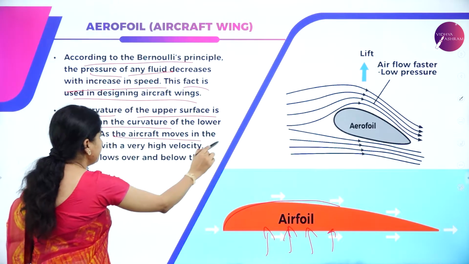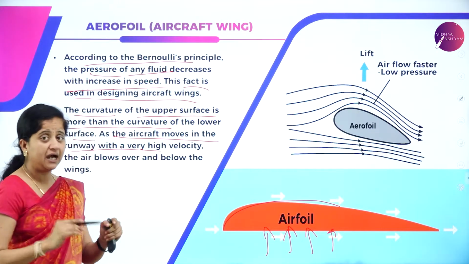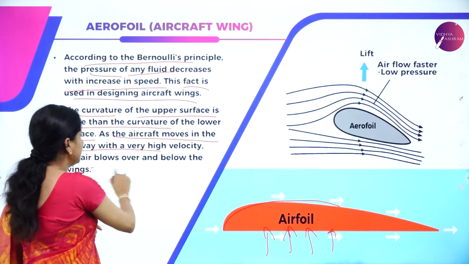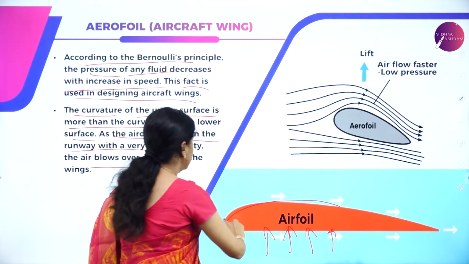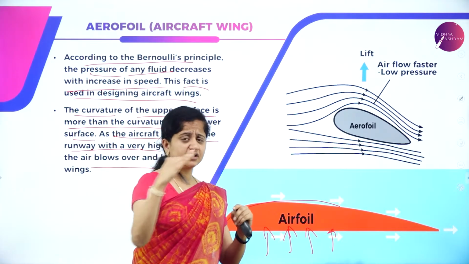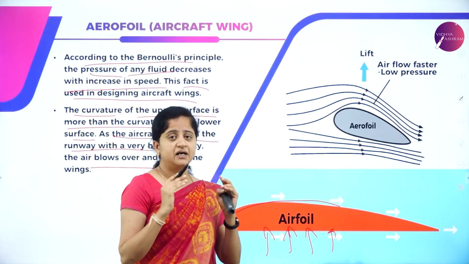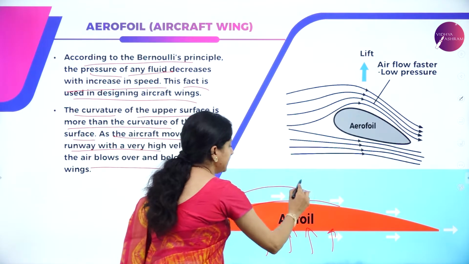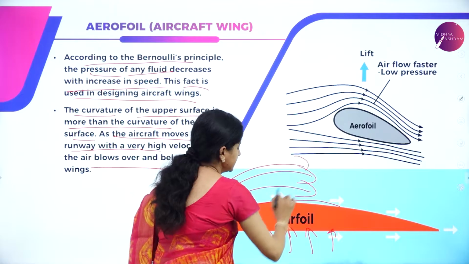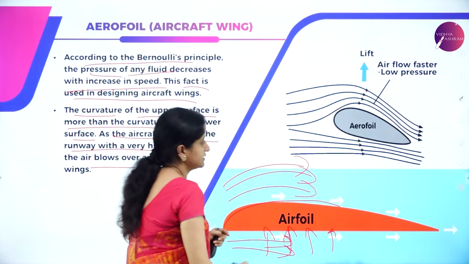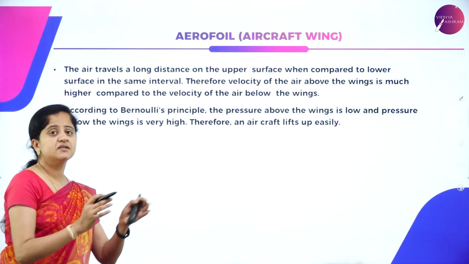As the aircraft moves on the runway with a very high velocity, the air blows over and below the wing. Obviously air flows on the upper surface as well as the lower surface like this. But what is the difference?